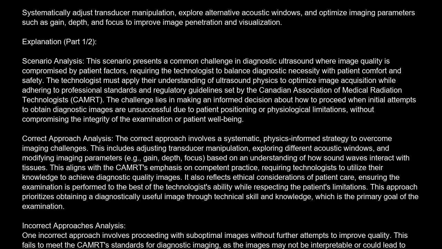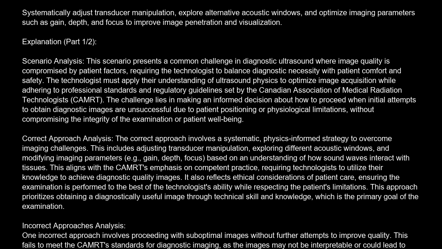Correct approach analysis. The correct approach involves a systematic, physics-informed strategy to overcome imaging challenges. This includes adjusting transducer manipulation, exploring different acoustic windows, and modifying imaging parameters, e.g., gain, depth, focus, based on an understanding of how sound waves interact with tissues.